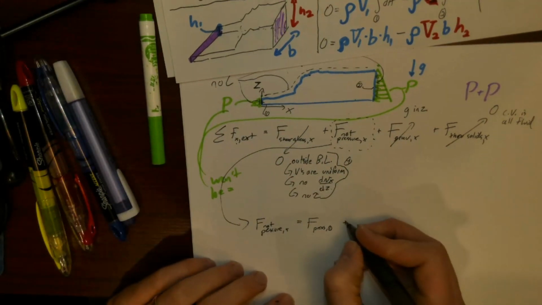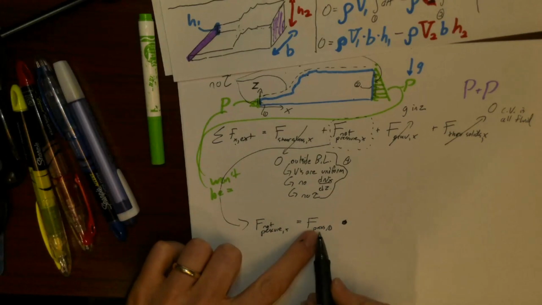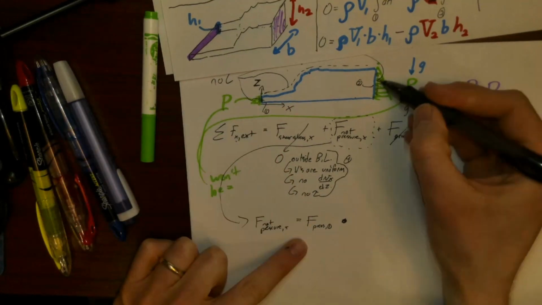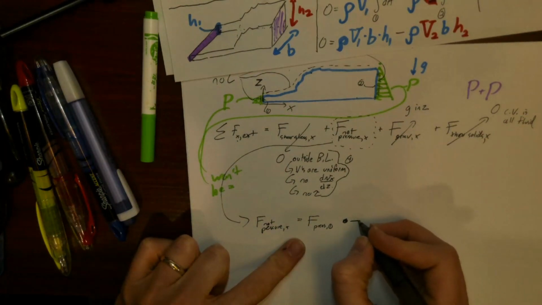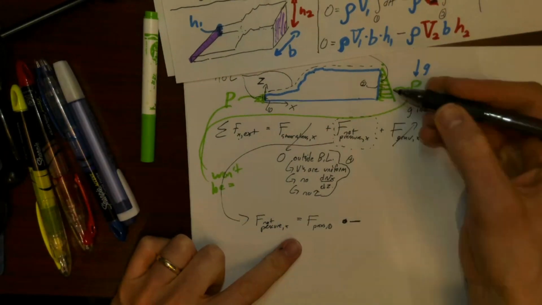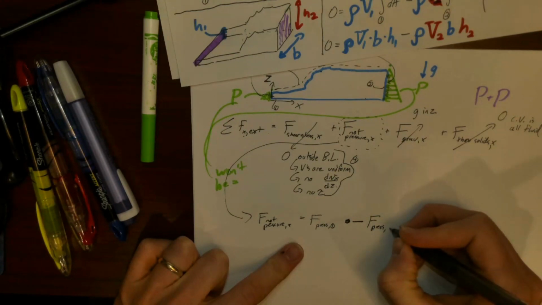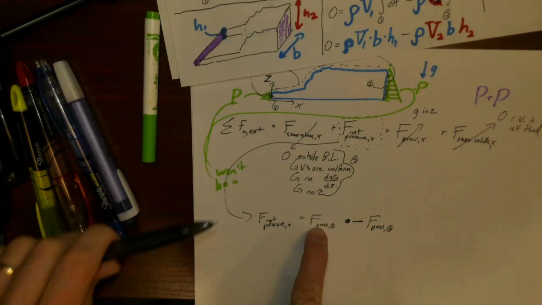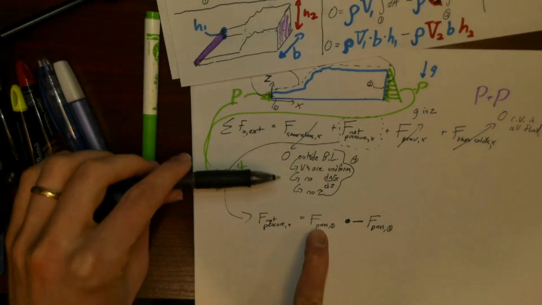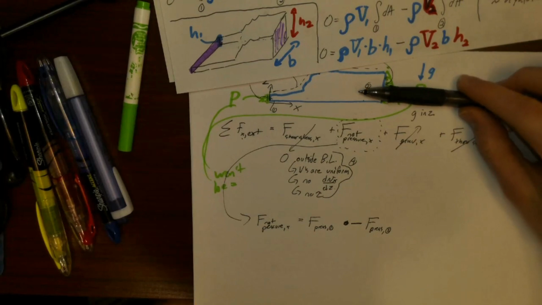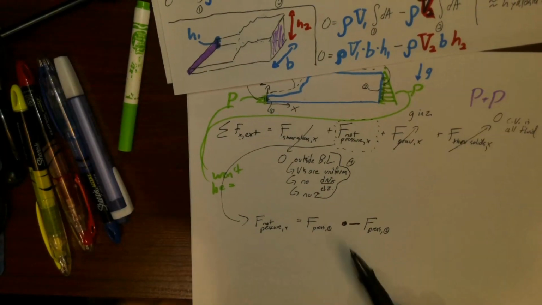And oops, I made a little mistake here. If we think about it, the pressure on surface 1 is going to be pushing us in the positive x direction, whereas the pressure on surface 2 is going to be pushing us in the negative x direction. So pressure on surface 1 contributes positively to our net x force due to pressure, whereas pressure on surface 2 contributes negatively. So that's why we have this minus sign right here.